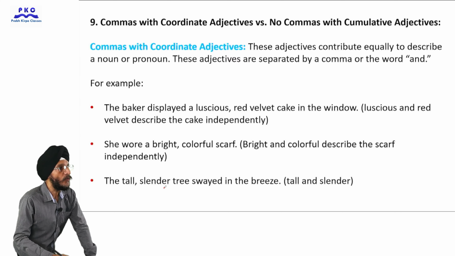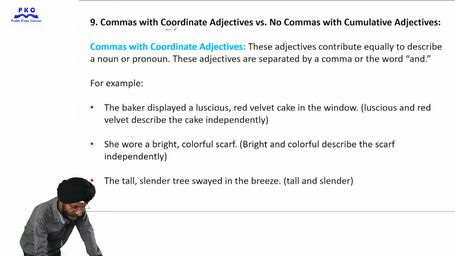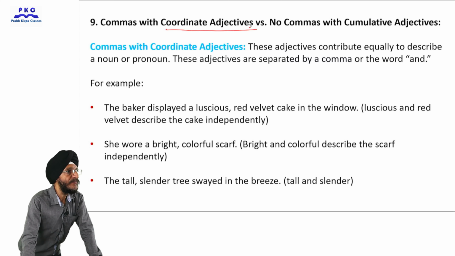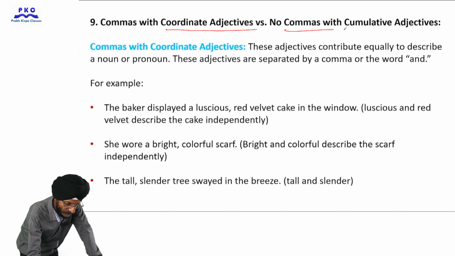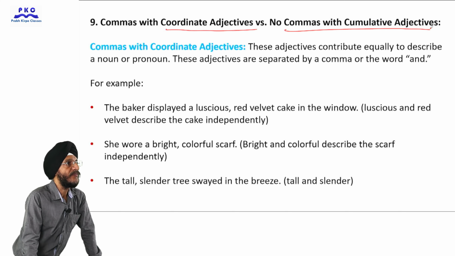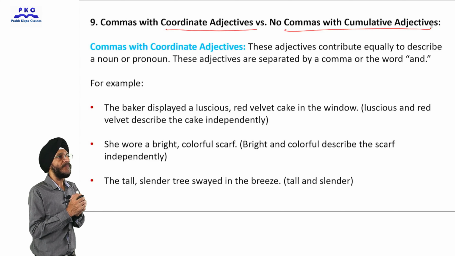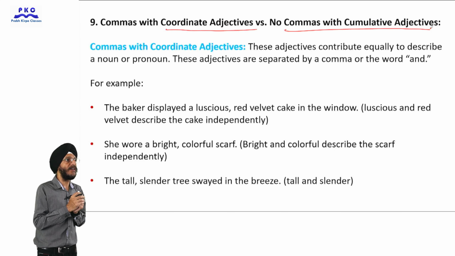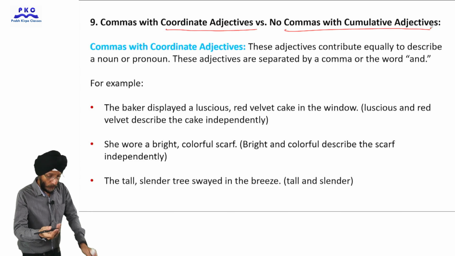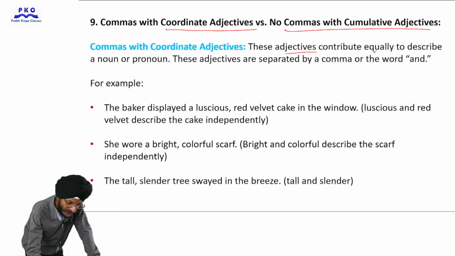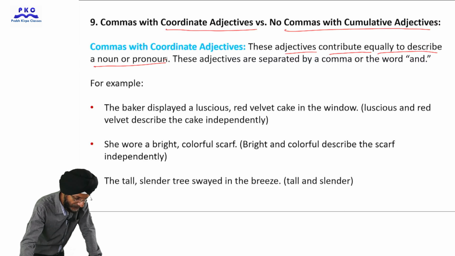Next is commas with coordinate adjectives and no commas with cumulative adjectives. Firstly, we must understand what is the meaning of coordinate adjectives. Coordinate adjectives are those adjectives which contribute equally to describe a noun or pronoun.